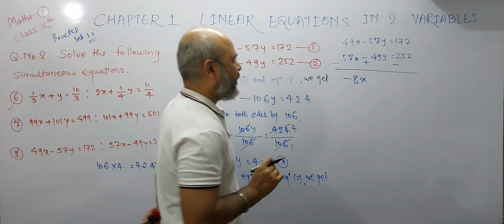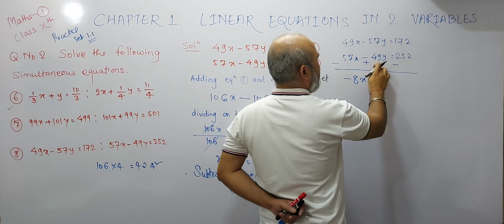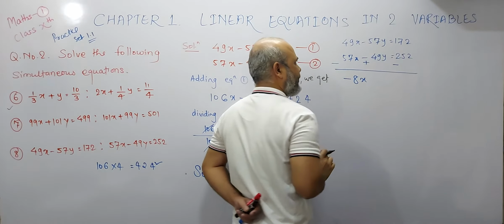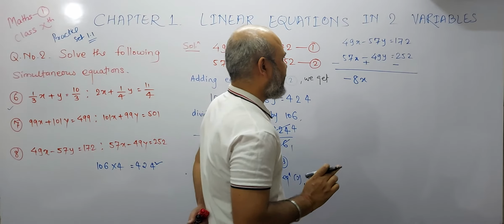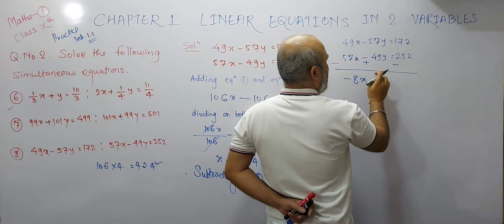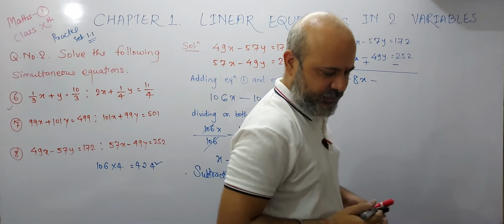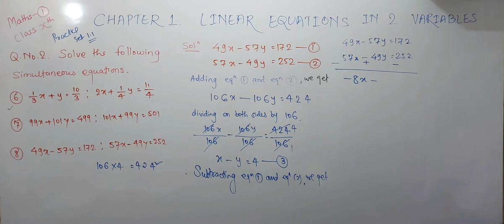Okay. Similarly, here this is plus 49, this is minus 57. So again here, do the calculation, what you will get.